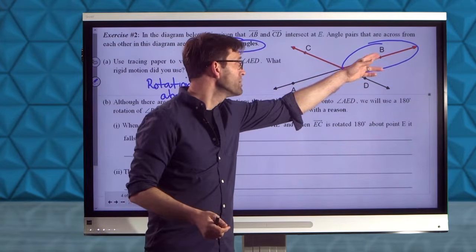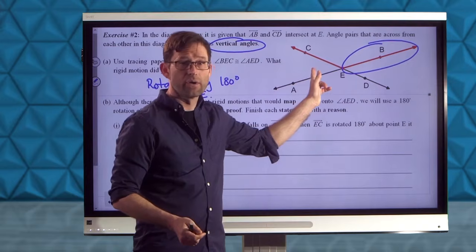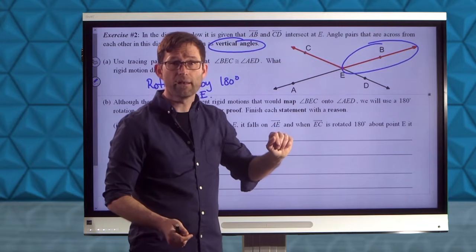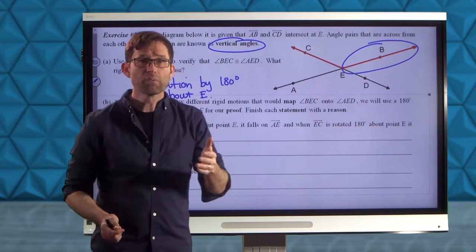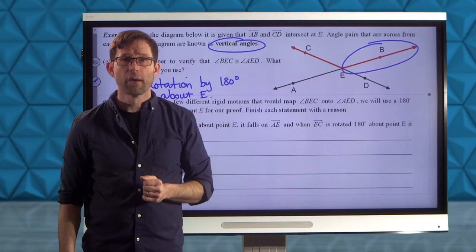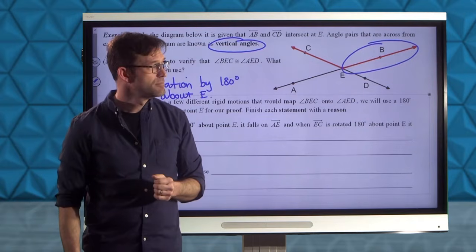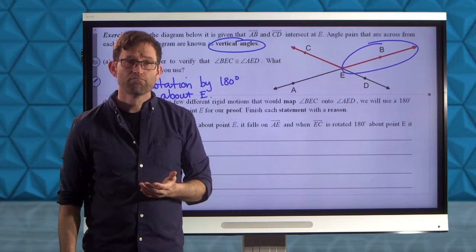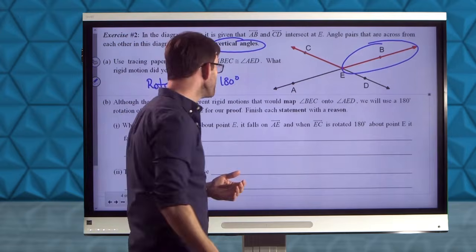Because sometimes if I rotated this thing 180 degrees, it wouldn't land on that. But in this particular scenario, it does. So why is that? Think about this for a moment. Well, it's very, very simple.